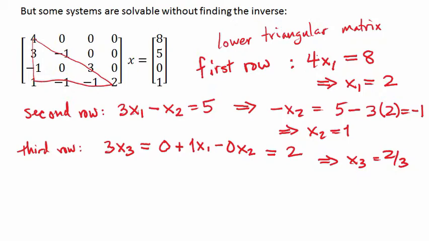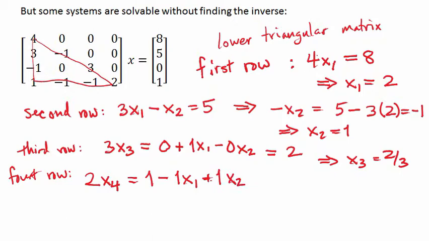And then finally, the last row, again, I'm going to just write down the single unknown that's left, x4, on the left-hand side, and then put everything else on the right. So I have minus 1 times x1, plus 1 times x2, plus 1 times x3.